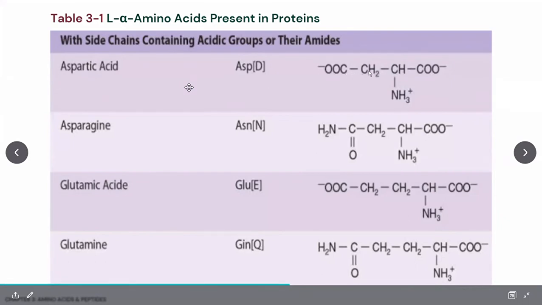However, this carboxyl group in your R or side chain reacts with an amino group, and you form now an amide. And the amide of aspartic acid is asparagine.